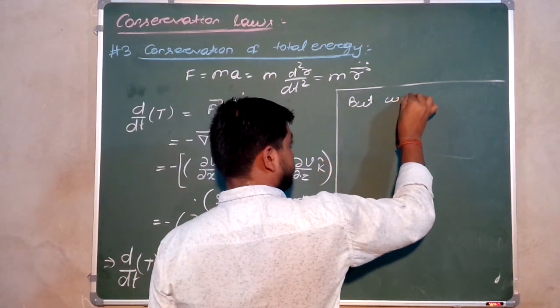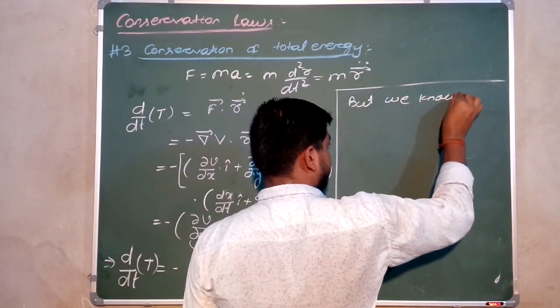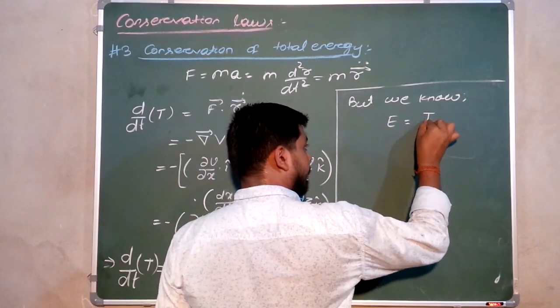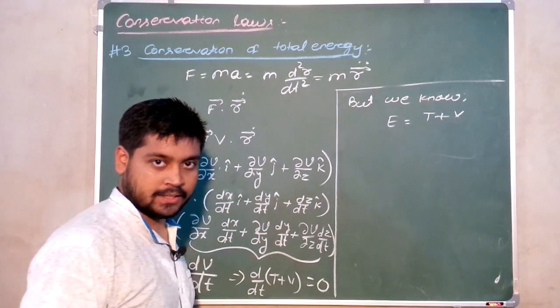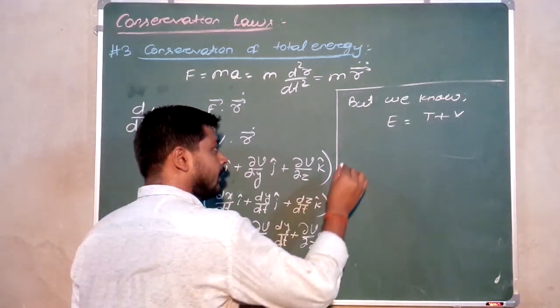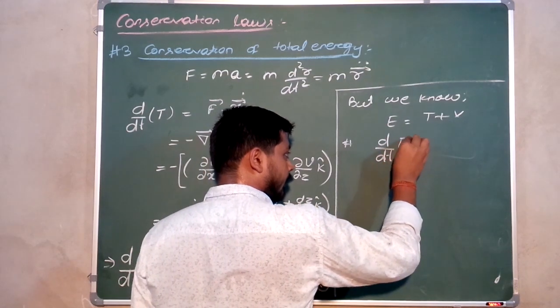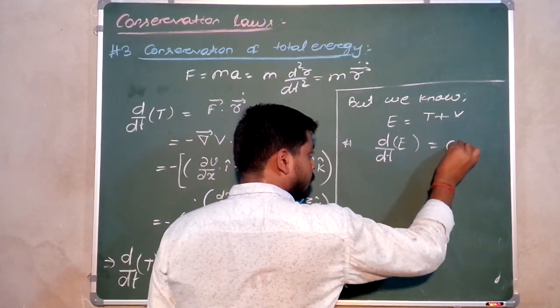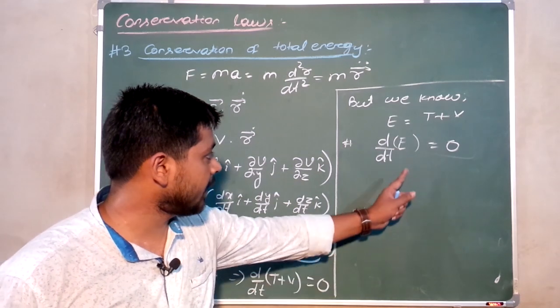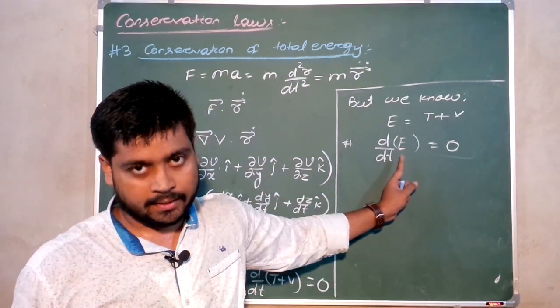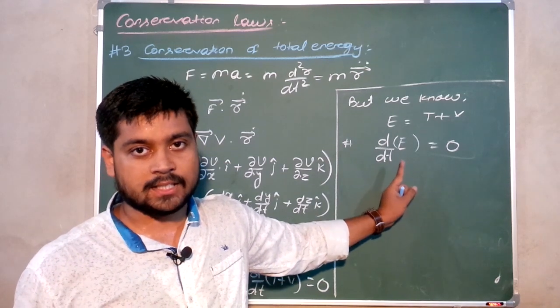We know mechanical energy E equal to kinetic energy plus potential energy. Yes or no? Then d by dt of E equal to 0. If the derivative of a quantity is equal to 0, that quantity must be constant, or we can say E is conserved.